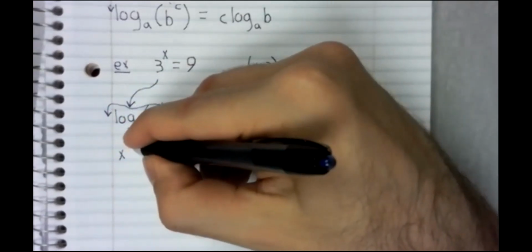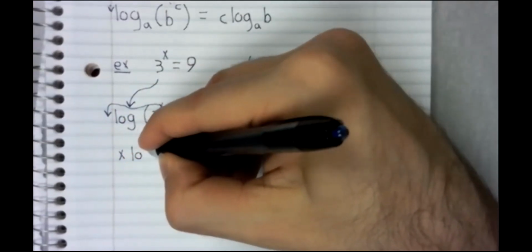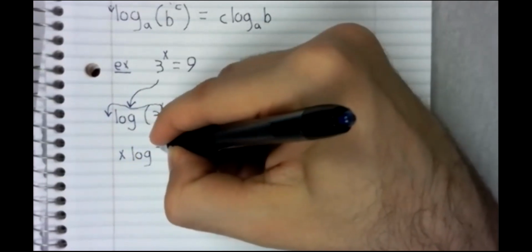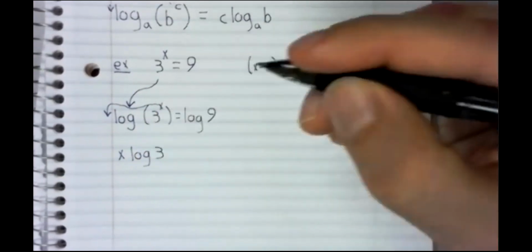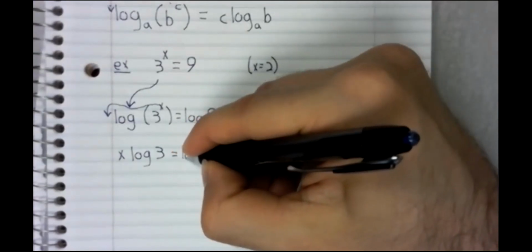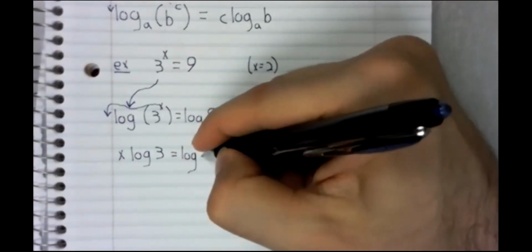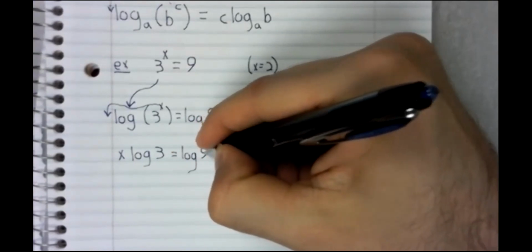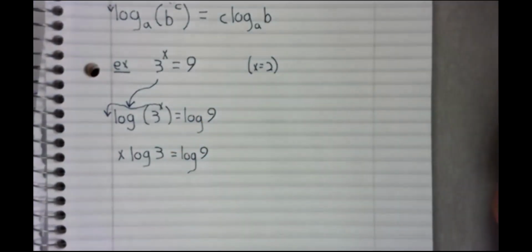X times the common logarithm of 3 equals the common logarithm of 9.